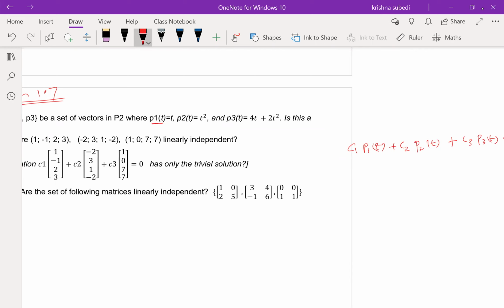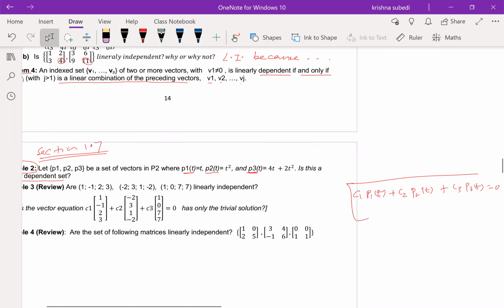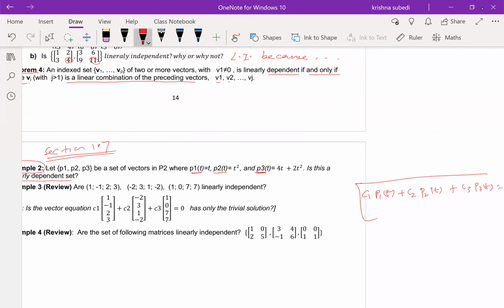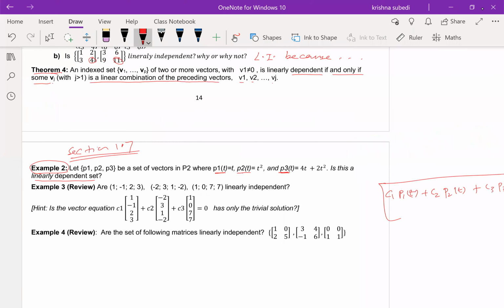Now the question is, you see here p3, can I write, this is what we did in section 1.7, but here I want to do it using this theorem, theorem number 4. What that theorem tells us is that if some vector Vj can be expressed as a linear combination of the other vectors, then the set is linearly dependent.